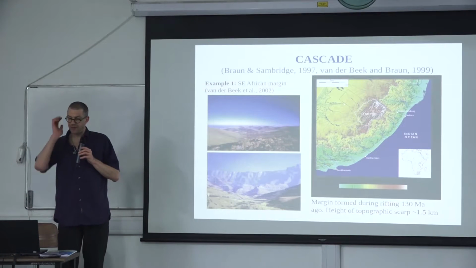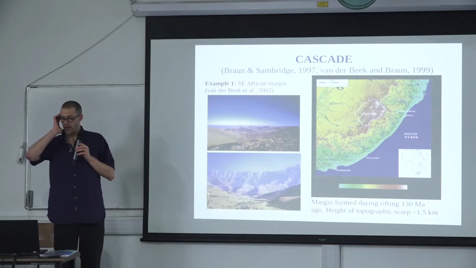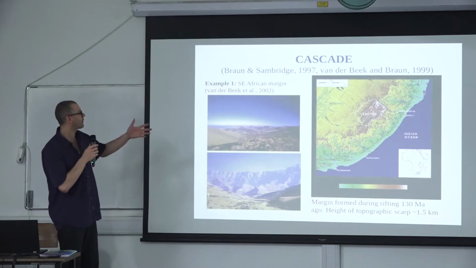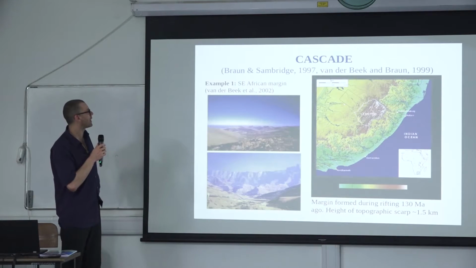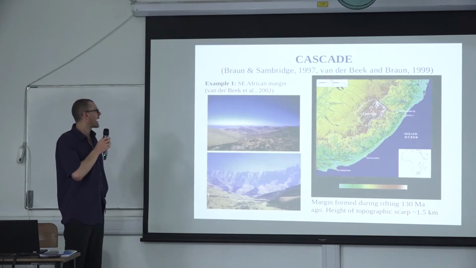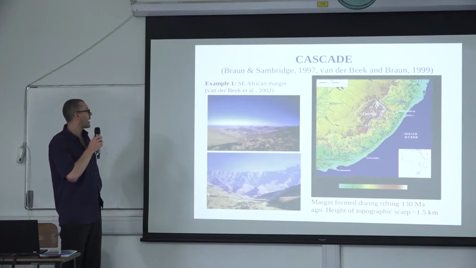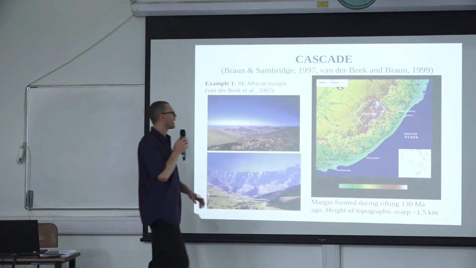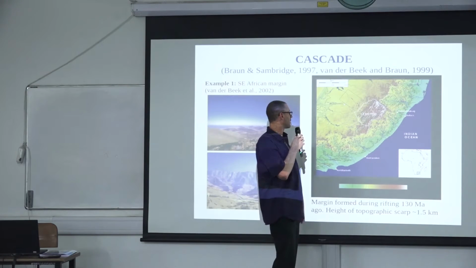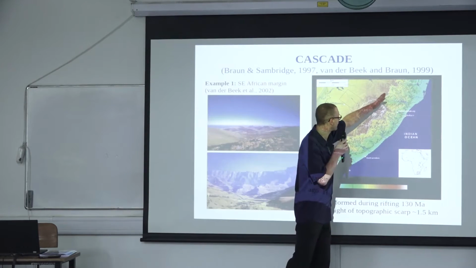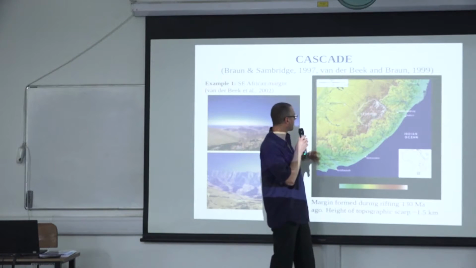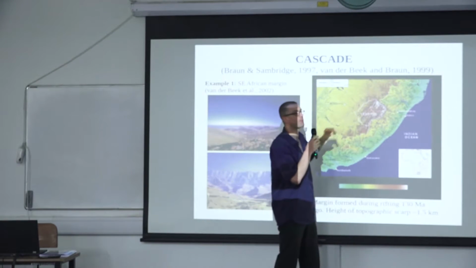Okay, I said that I'm going to talk about passive margins and escarpment retreat, and one of the classic examples here is the application of Cascade. That's a modeling environment that John Braun developed, and we are looking here at southeastern Africa, and we have an escarpment sitting here, and the question is, how did that escarpment evolve?